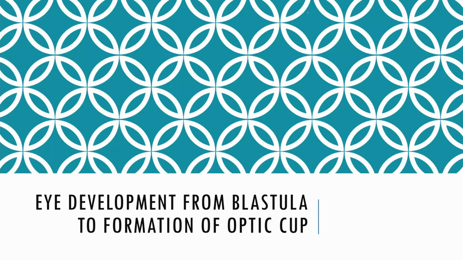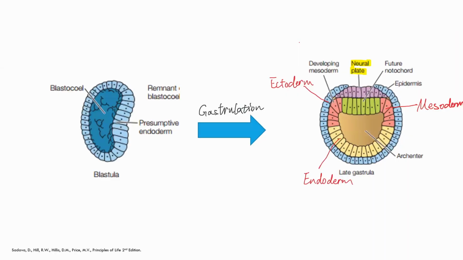So now let's talk about eye development from blastula to formation of optic cup. In human, after the process of gastrulation from blastula, usually 3 germ layers are formed. These 3 layers are ectoderm, mesoderm, and endoderm.